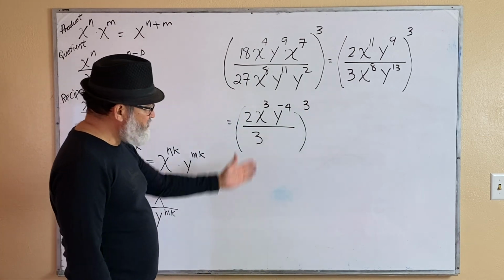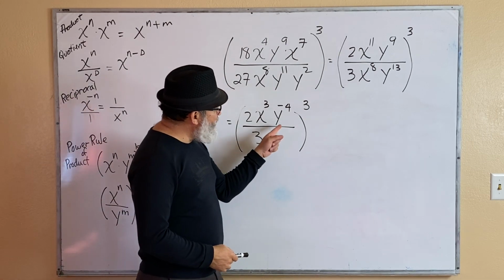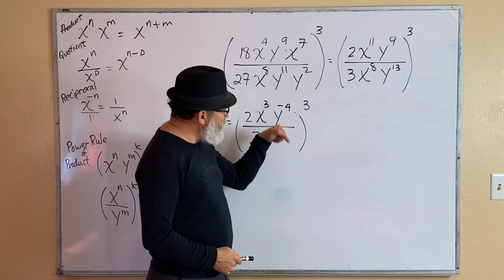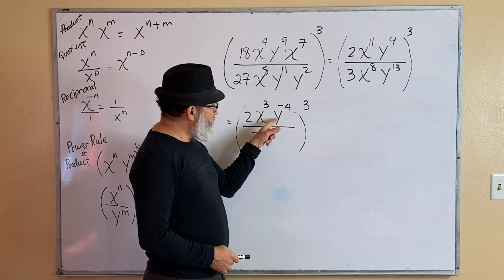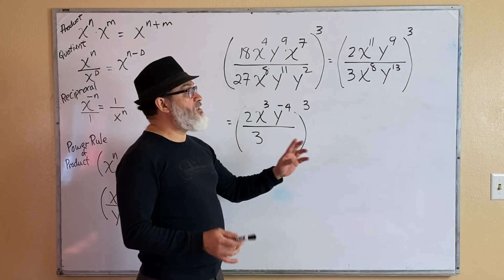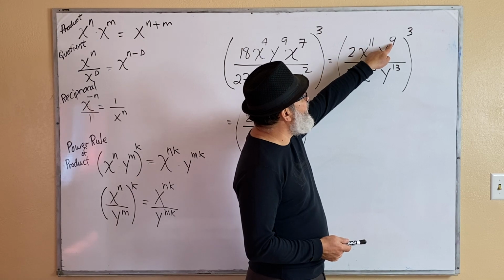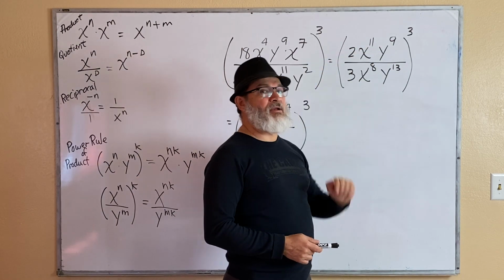There you go. By the way, note, I'm going to bring this x to the negative 4 down. X to the negative 4 comes down. I could have just subtracted the 9 from the 13 in the denominator.